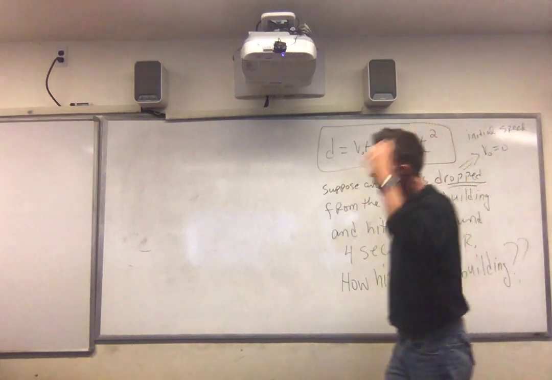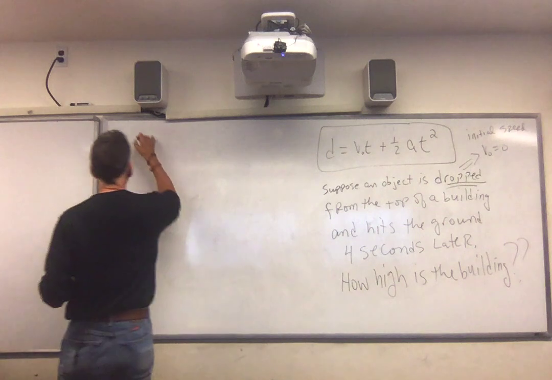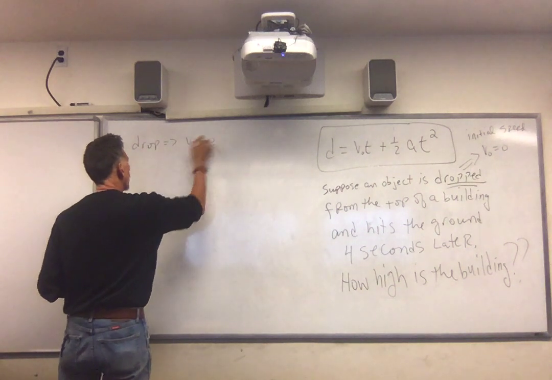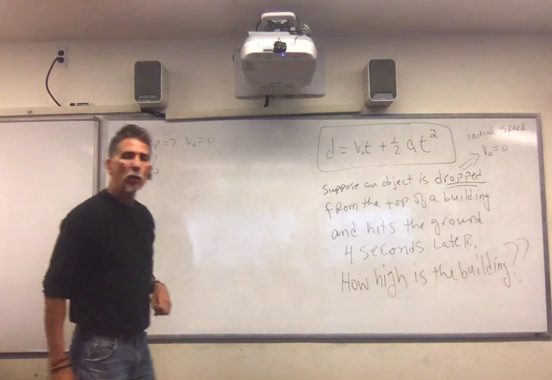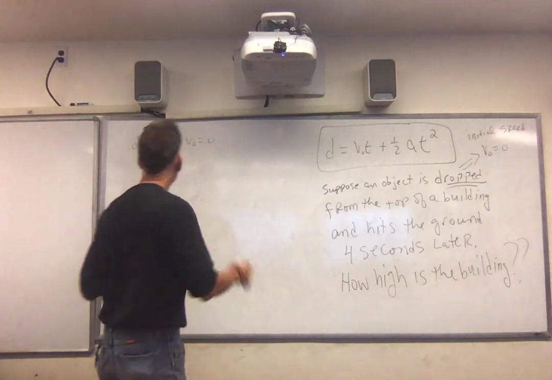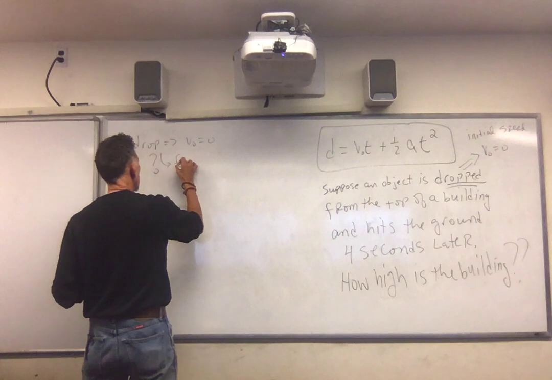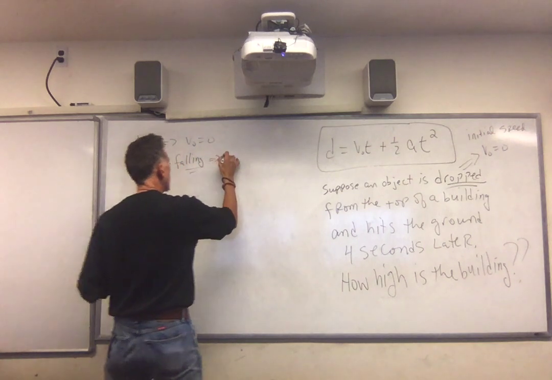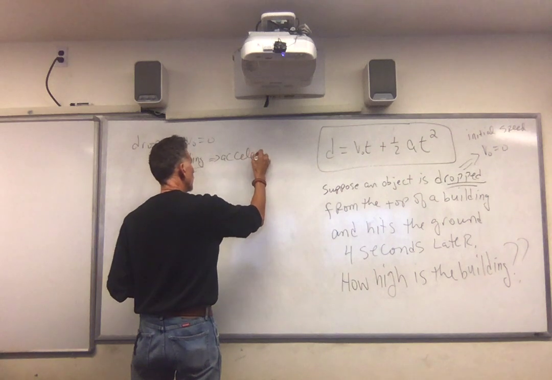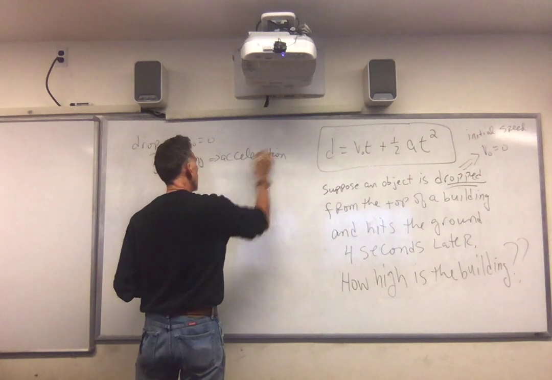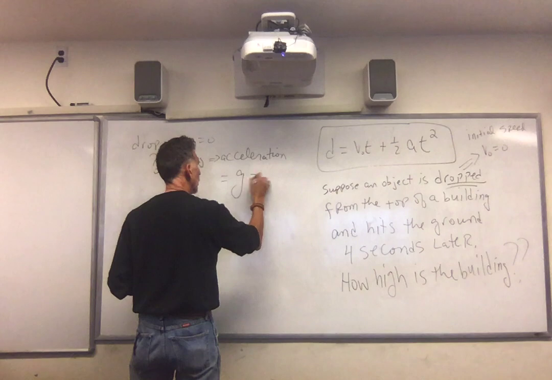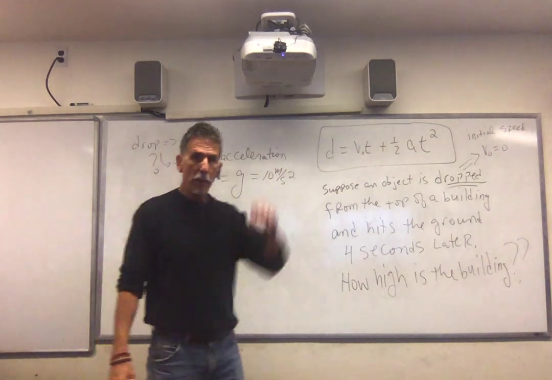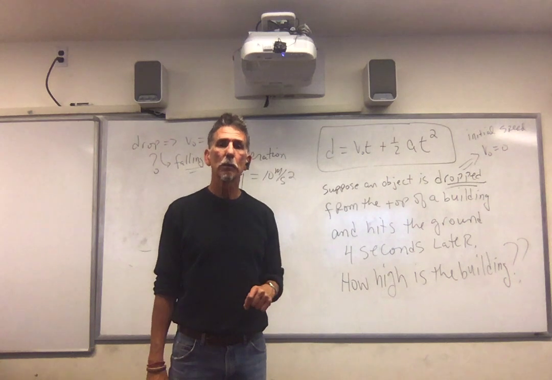Fantastic. Now, when I drop something, V0 equals 0. What else does drop mean? Drop means it's going down. So it's falling. When something is falling, we know the acceleration. What's the acceleration? The acceleration is equal to g, 10 meters per second squared, the acceleration due to gravity.